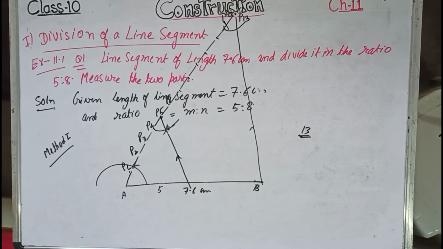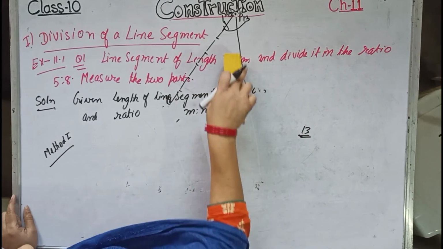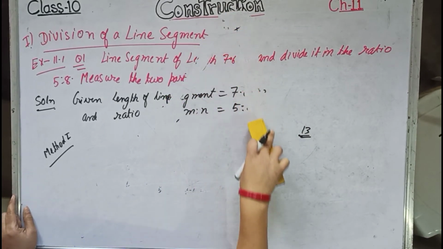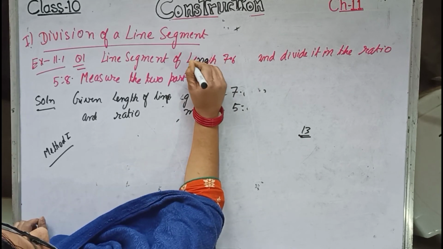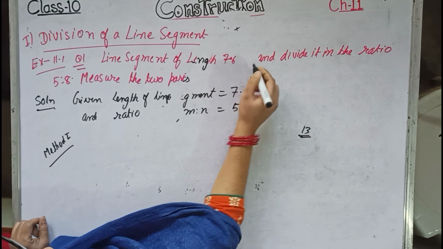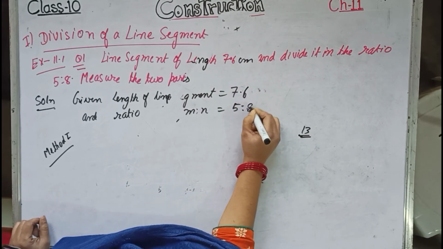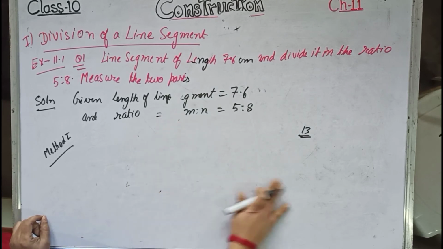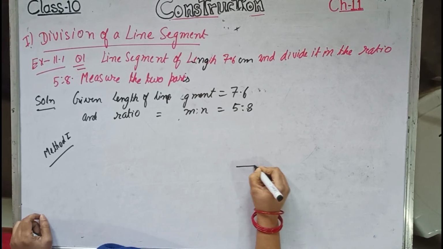Now method 2, for the ratio 5 is to 8. In this, first you will draw the line segment.